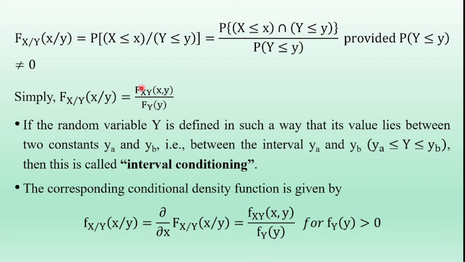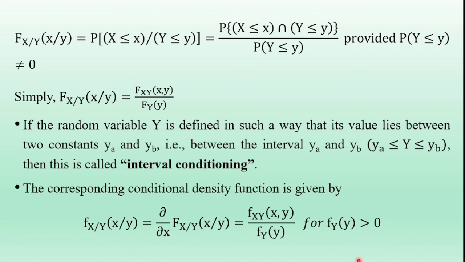So from this equation, the corresponding density function is fx given y of x given y equal to fxy of x comma y divided by fy of y, provided fy of y is greater than 0. So this is the concept of conditional distribution function and conditional density function.